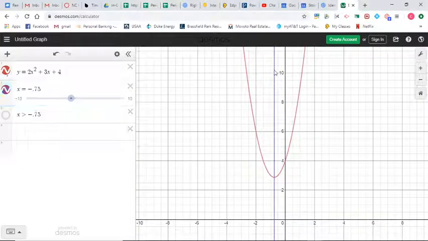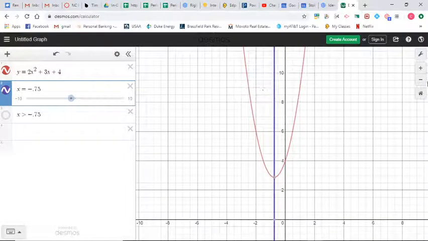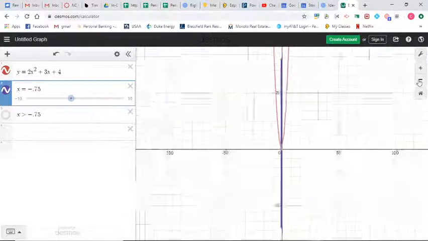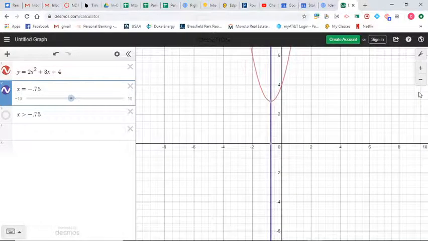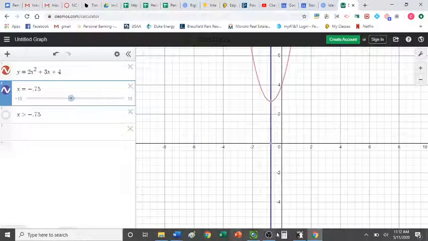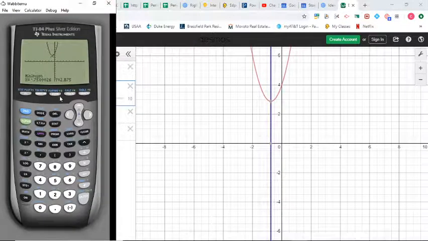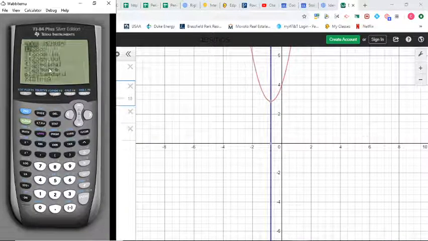Which you can look at either of these. Okay, well, it doesn't look like it, but if you keep zooming out, which on here, if you click this negative button, you zoom out. Click the positive, you zoom in. Also on here, if you guys click the home button, it'll take you back to the 10 by 10. On your graphing calculator, how you zoom in and out, you click the zoom button. If you want to zoom in, you click 2.